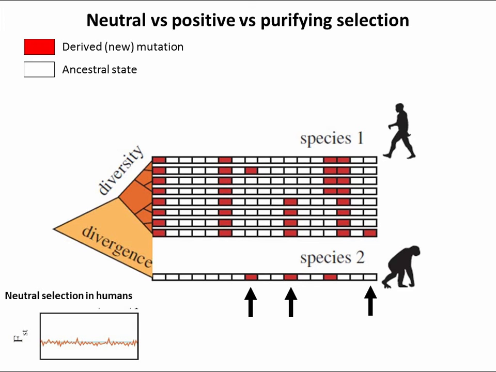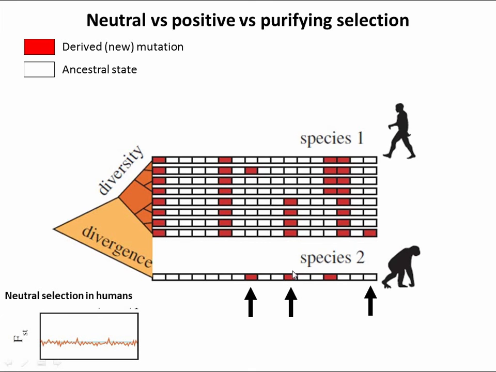And we can conclude that there is neutral selection if diversity within a lineage will be relatively equal to the divergence between lineages. So for example, if we take this case, there is some diversity because half of the individuals in the human share this derived mutation. So there is some diversity, but on the other hand, there is not much divergence.